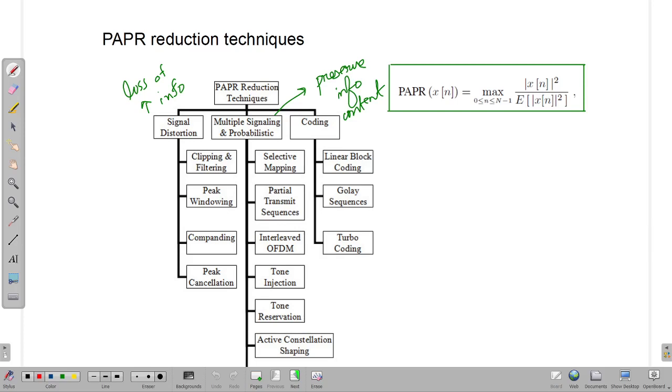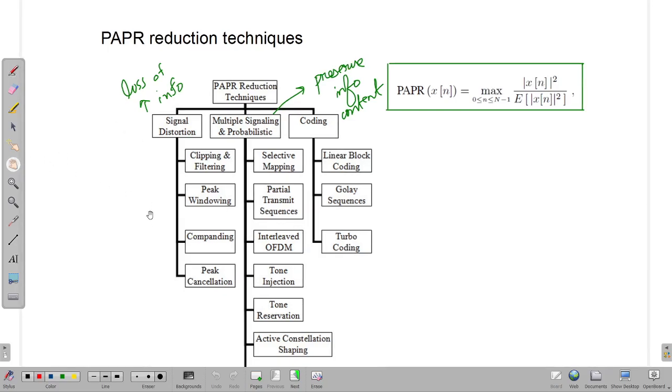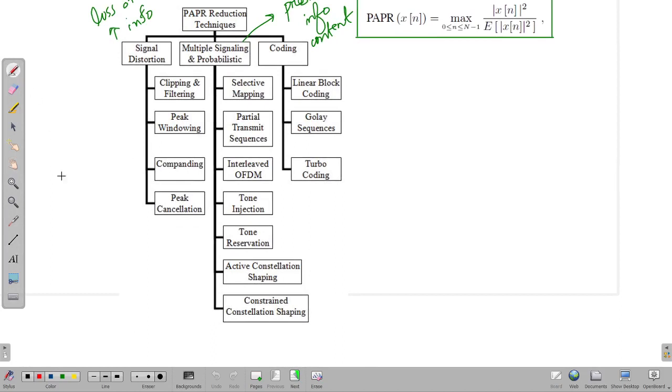Let me go back to this overview of PAPR reduction techniques. We have learned about the different signal distortion techniques in the last class, and now in the multiple signaling and probabilistic methods, we learned about selective mapping, PTS, and interleaved OFDM.